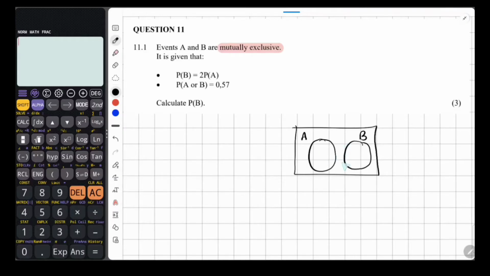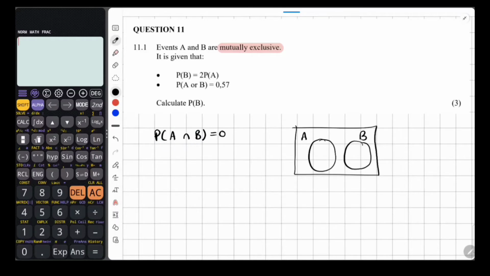So you can see there is no intersection in this case. Because there's no intersection, that's the whole point of mutually exclusive events, the probability of A and B would be equal to 0. We don't have an intersection, and that's a big part of this.